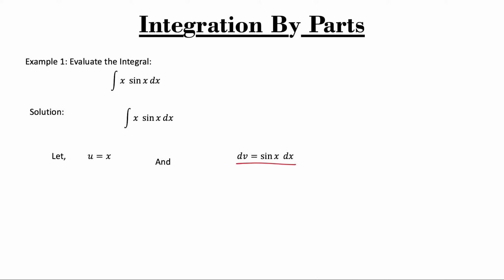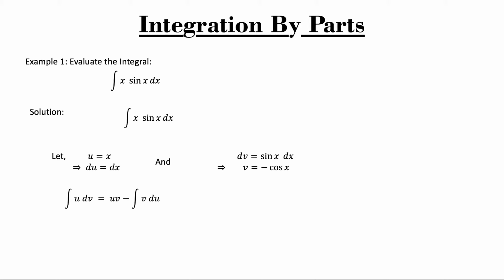We have substituted dv equal to sin x dx, and by differentiating both sides here you would get du equal to dx, and here by integrating both sides we would get this. As we know the integral of sin x dx is minus cos x.